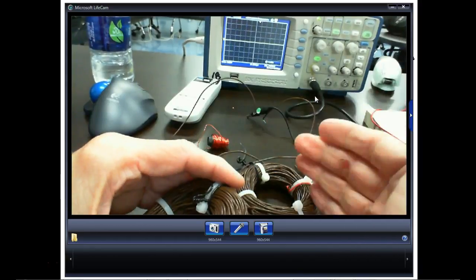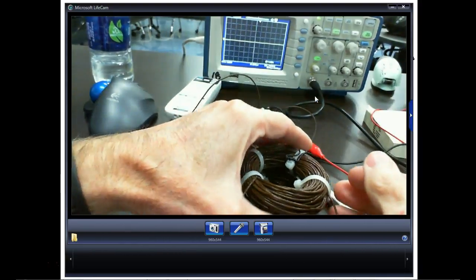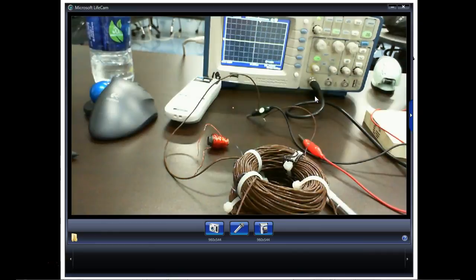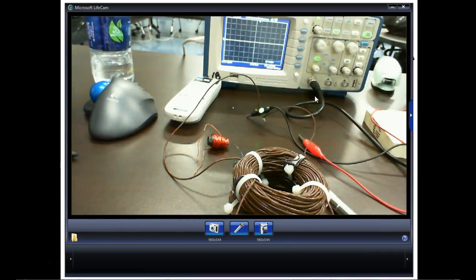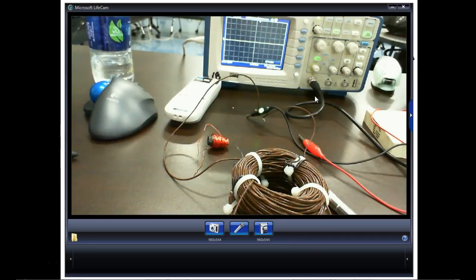Now what determines how much voltage I get induced into that, if I had a real good coefficient of coupling, which means how good we couple those magnetic fields, is the turns ratio between the primary and the secondary. That would determine my output voltage. So if I had 2 turns in my primary for every 1 turn in my secondary, then my secondary would give me half the voltage.